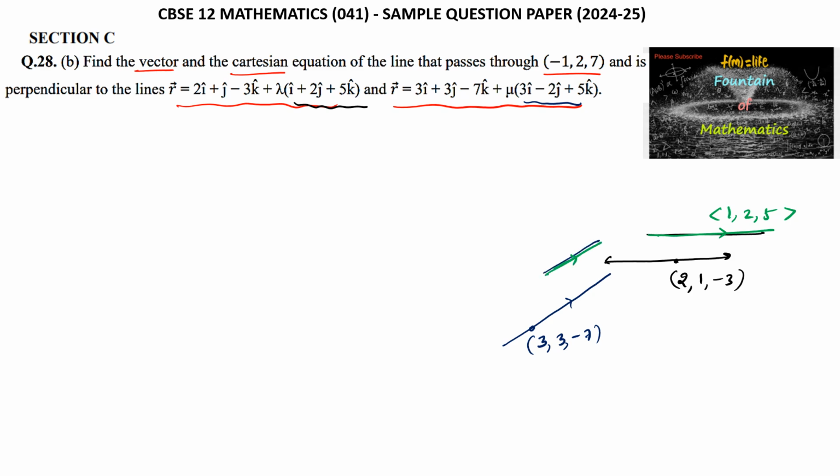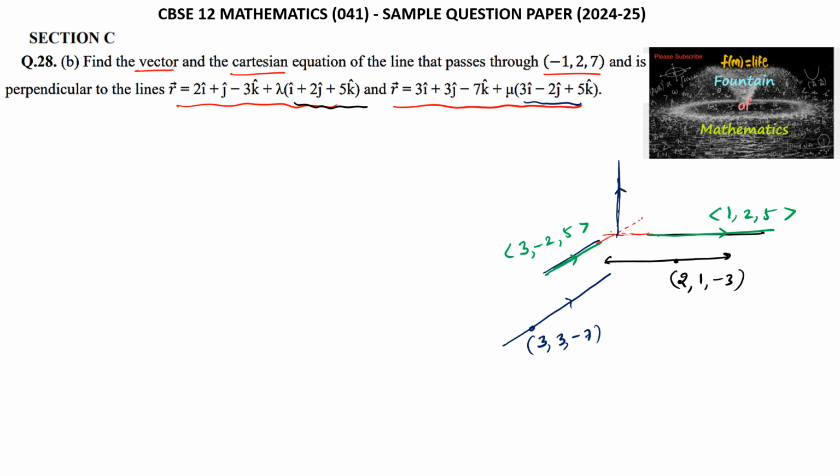So parallel vector direction ratios are given 3, −2, 5, and we know that there is a vector which is perpendicular to both these parallel vectors. So let's extend here. There is a perpendicular to these two vectors.